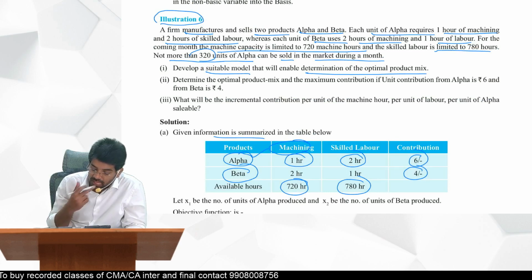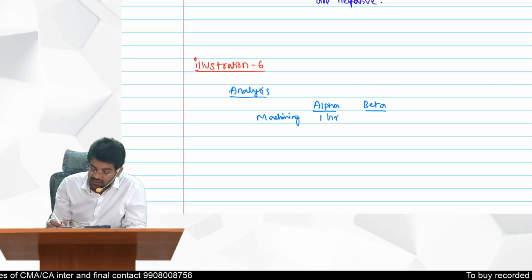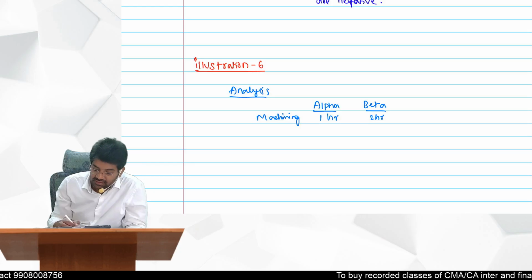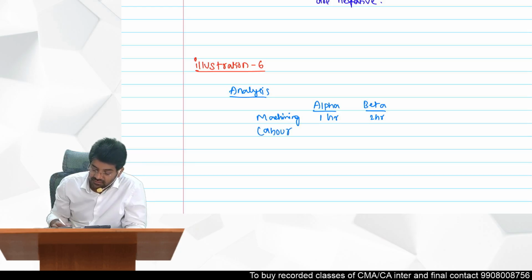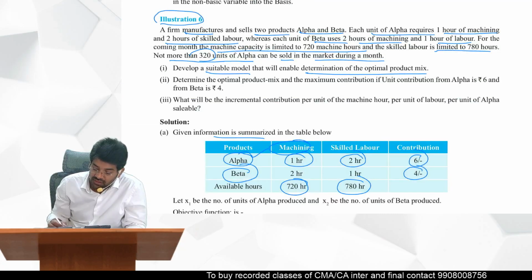One hour. Beta requires 2 hours. 1 hour, this is 2 hours. Other one is labor. Labor time 2 hours and 1 hour.